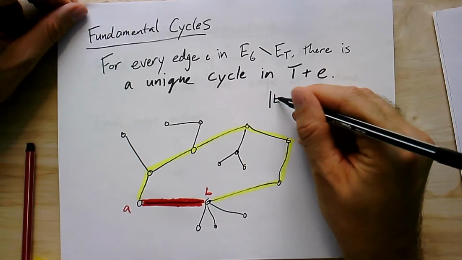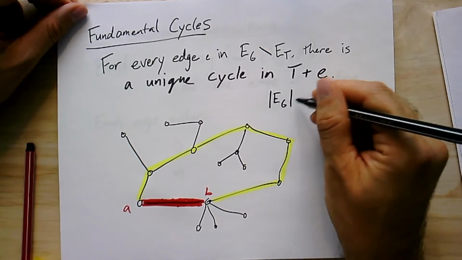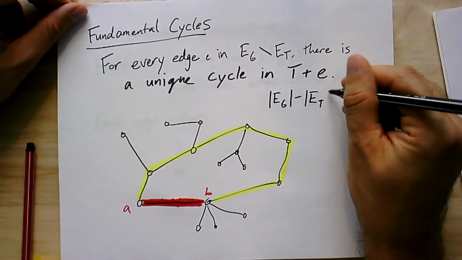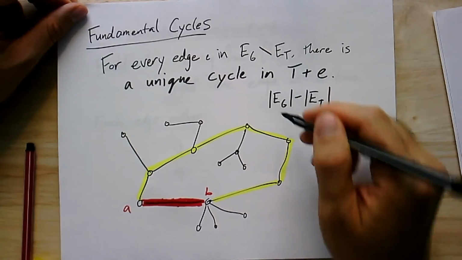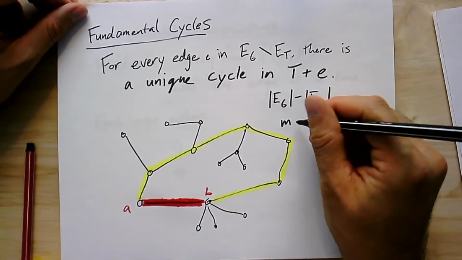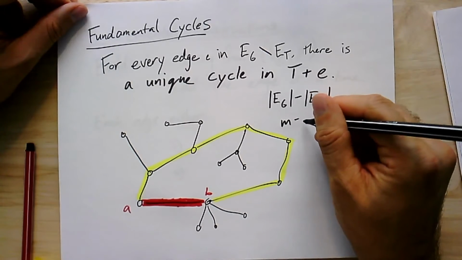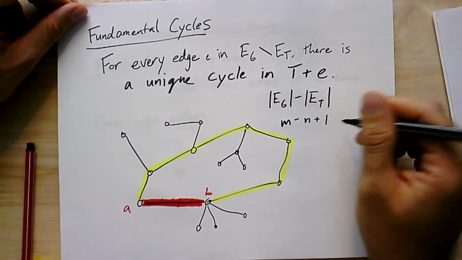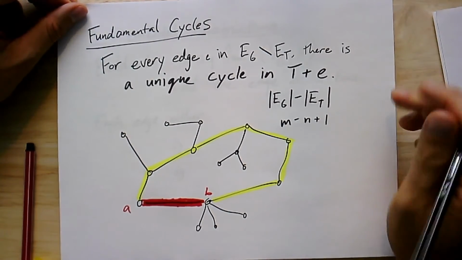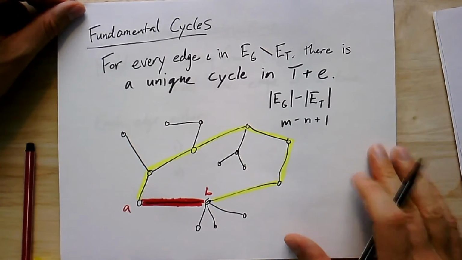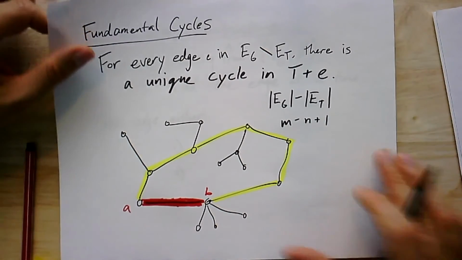So there's going to be one for every edge minus the number of edges in the tree, which is, if we say m is the number of edges here, the number of edges in the spanning tree is n minus 1. So this is m minus n plus 1 different fundamental cycles. And we'll see more about this when we talk about some aspects of algebraic graph theory.